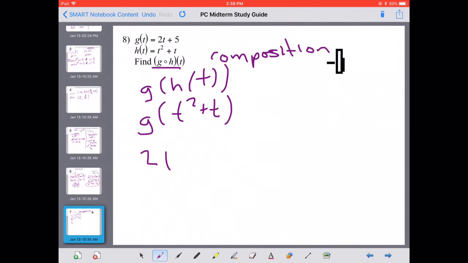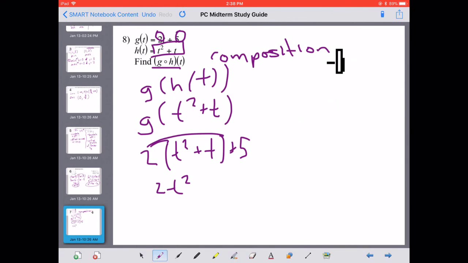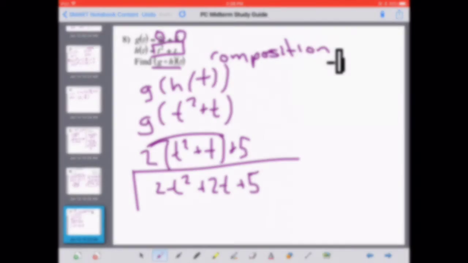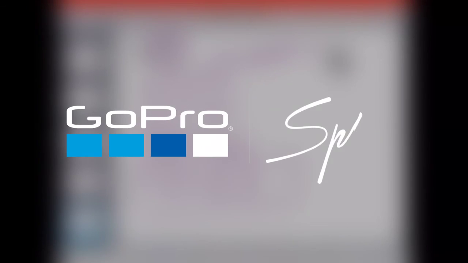So we do 2 times t squared plus t plus 5. Notice how we have that 2 and the 5 like we have up here, and we're replacing the t with that t squared plus t. So now we just need to distribute that 2. So we get 2 times t squared plus 2t plus 5. There's nothing else to clean up here. So this is our final answer for number 8.